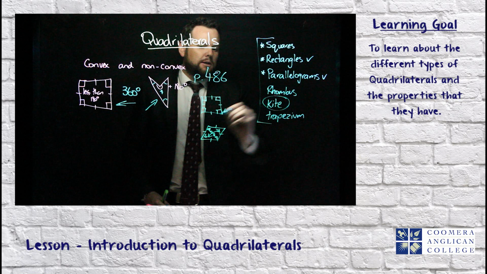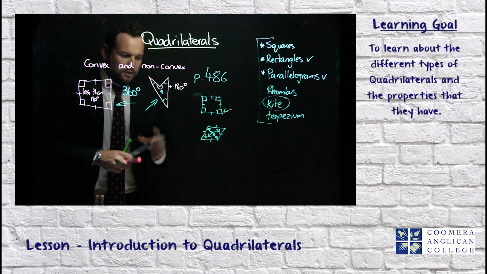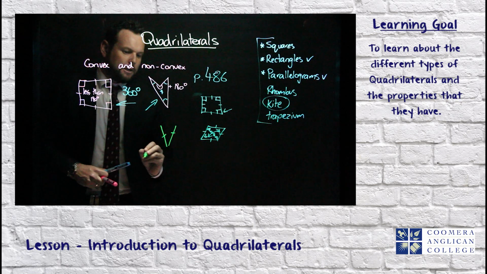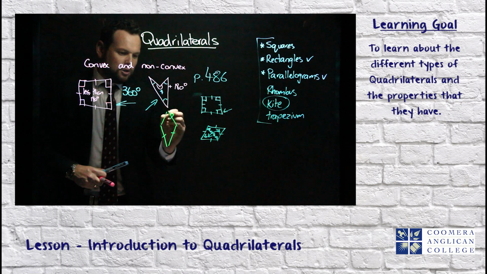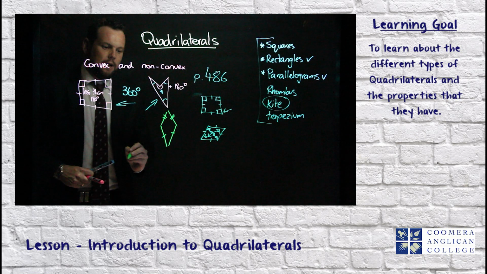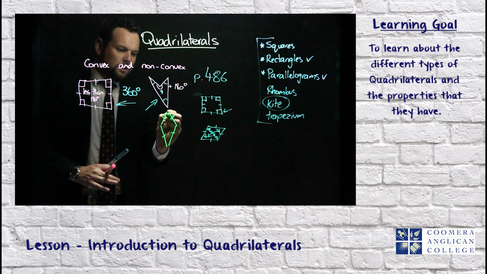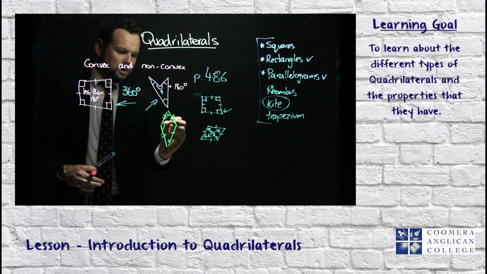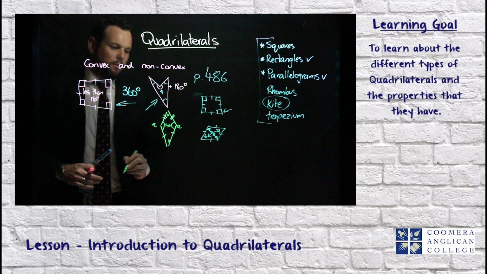So the properties are exactly the same for rectangles and parallelograms. Your kite, that's one where you've got 2 lines here that are the same, and then 2 lines up here that are the same. And with a kite, these 2 angles are going to be different angles, but these 2 internal ones that are next to each other will equal the same amount.